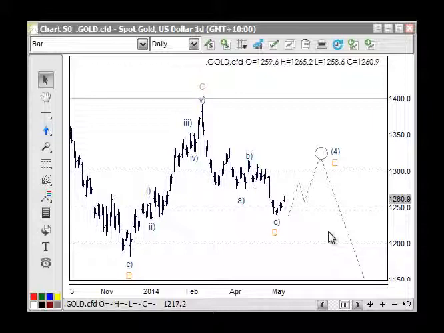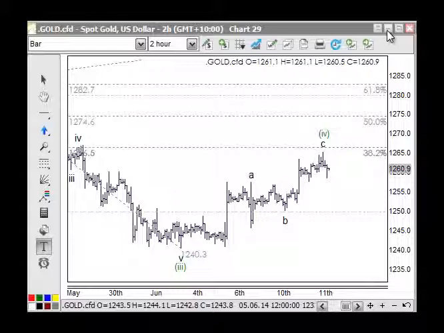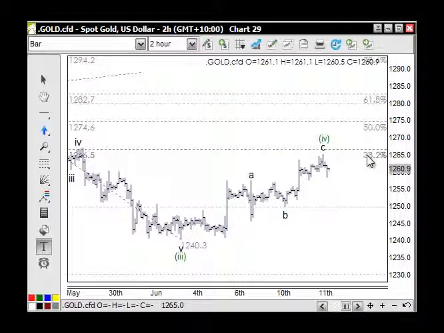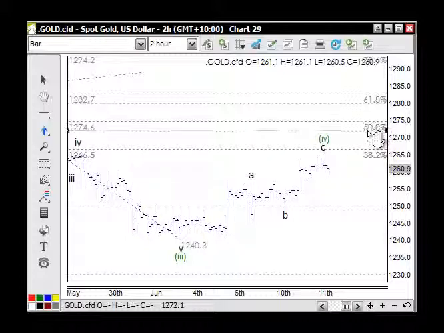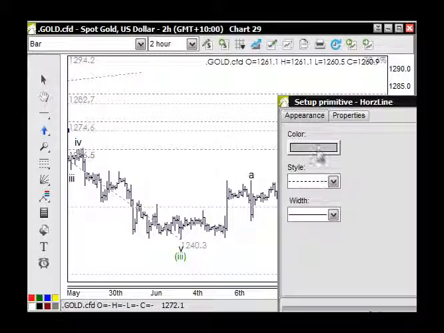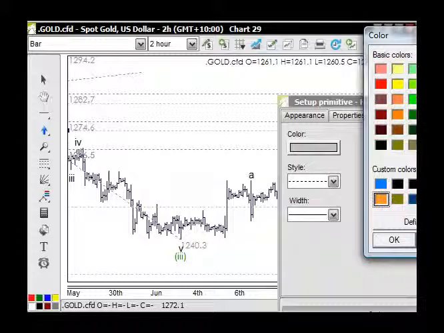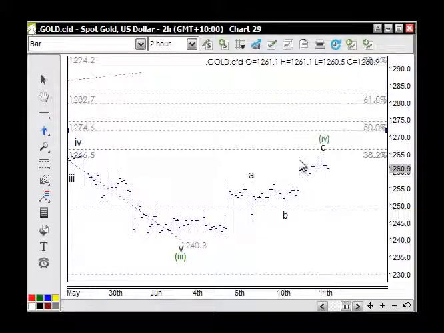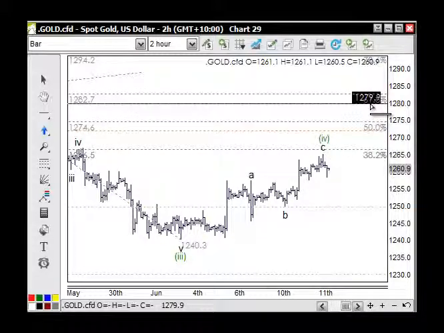Now, the other count that I've got is that this is just a wave 4 rally here, coming back into the 1265 area, which is the first level within group 2. So the first level within group 2 would be 65, and then we've got an important number here, which is 272. I'll put that in orange there to highlight it, and then 280 here as well.